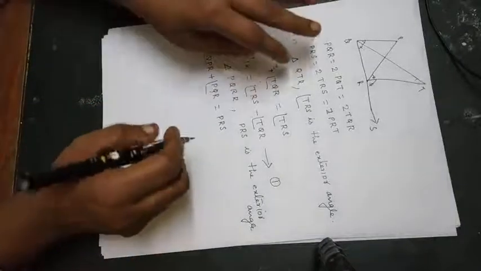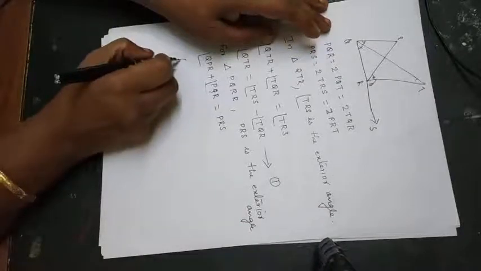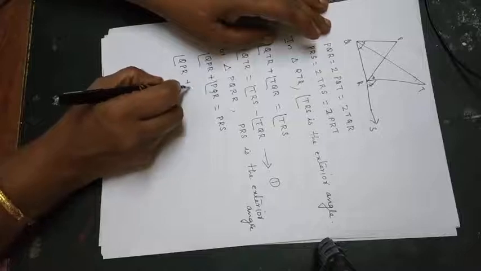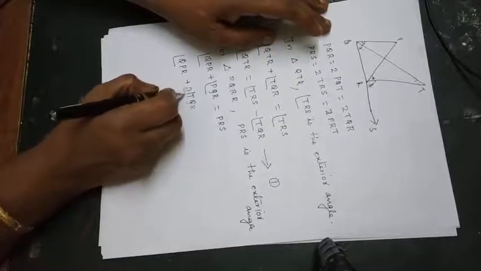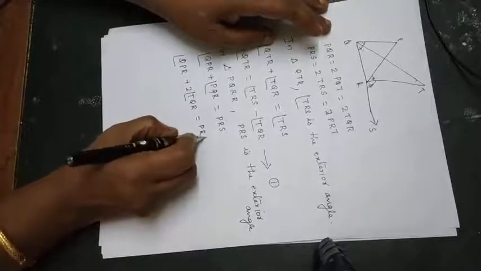So write first that one, QPR plus 2 times TQR is equal to PRS.